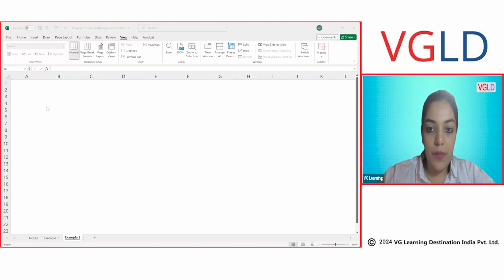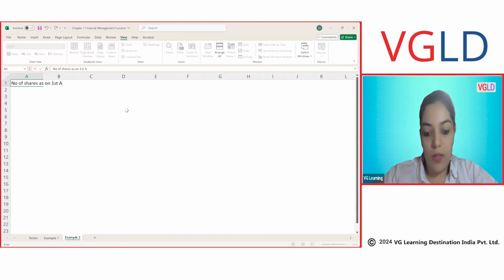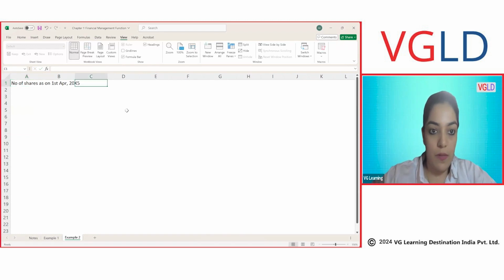So, number of shares, what was the starting date? Number of shares as on 1st April 2015 is 400,000.